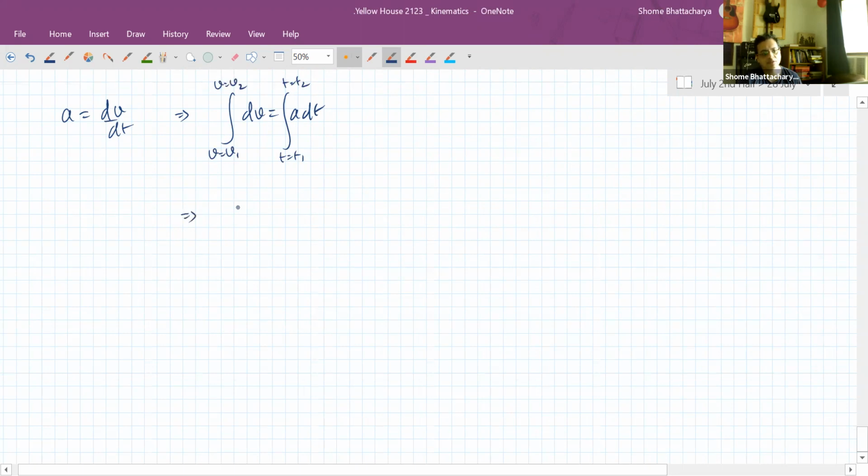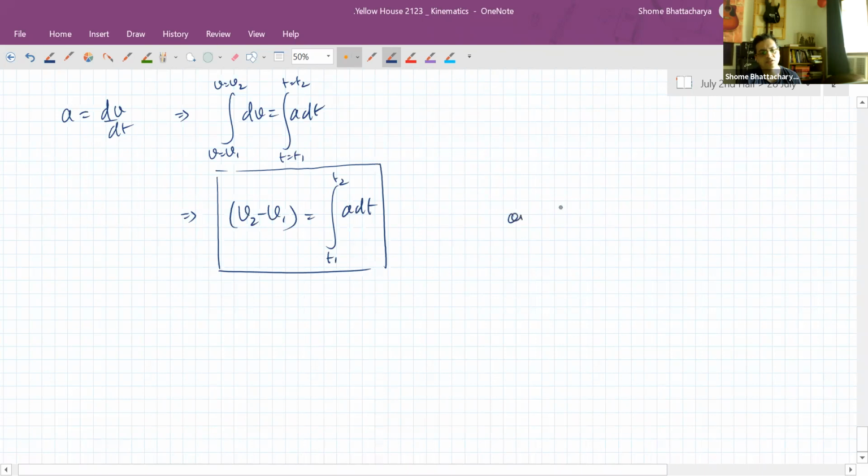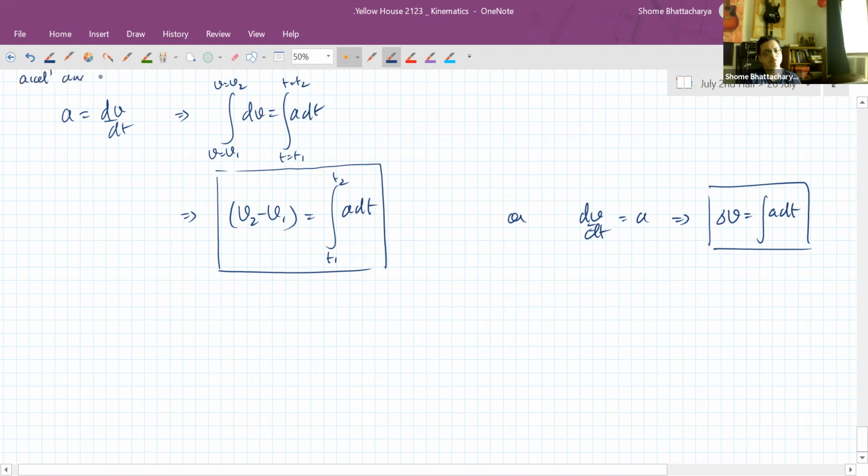So the left hand side will become v2 minus v1, which is integration of a dt from time t1 to t2. Or in general, dv by dt is equal to instantaneous acceleration. So the inverse of this statement is that the change in velocity is the integration of acceleration with respect to time. So this is the relation between acceleration and velocity.